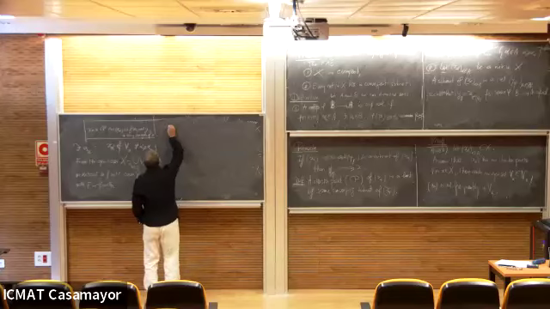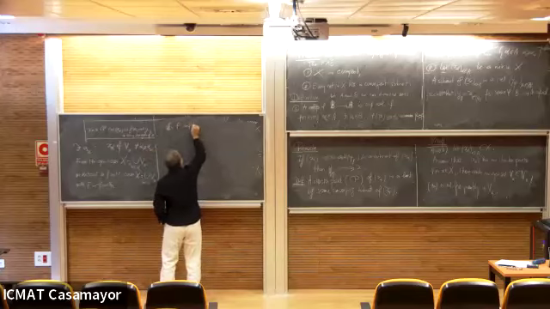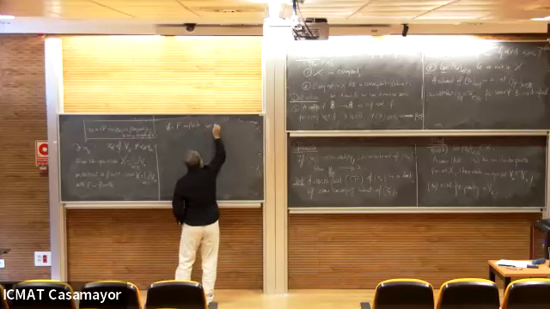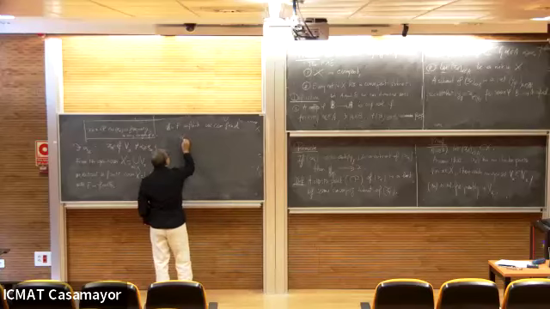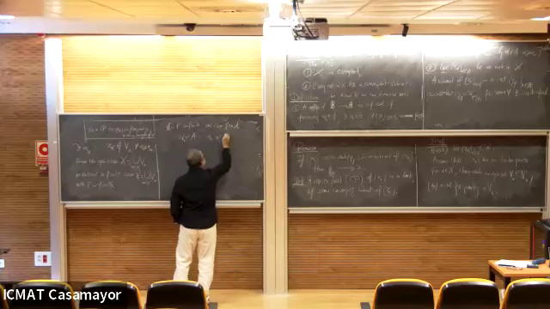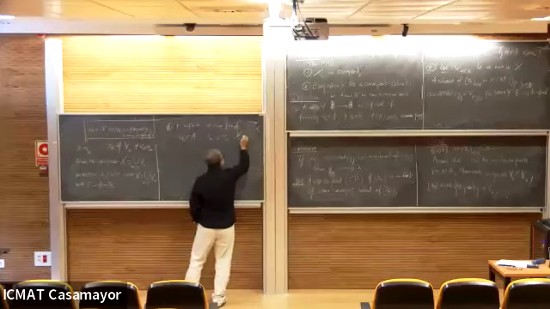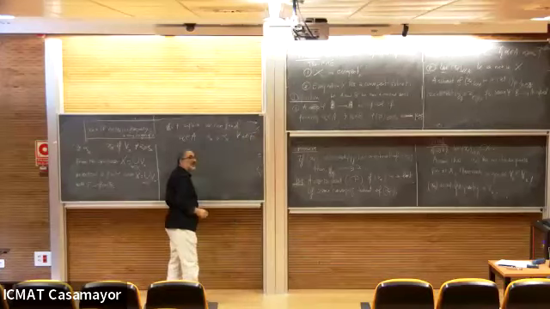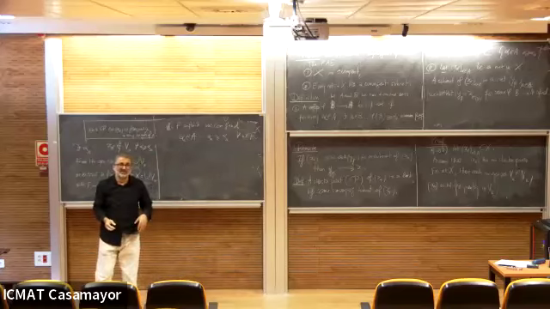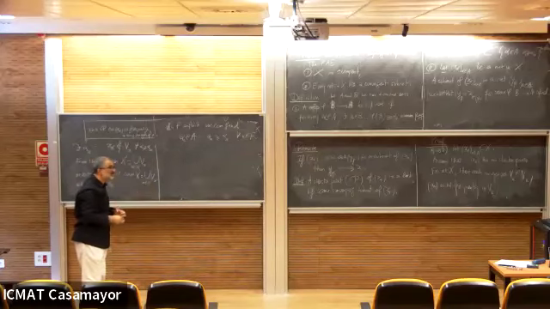So as F is finite, we can find alpha 0 in A such that alpha 0 is more or equal than alpha X for every X in F. Here we use the fact that the set is directed.